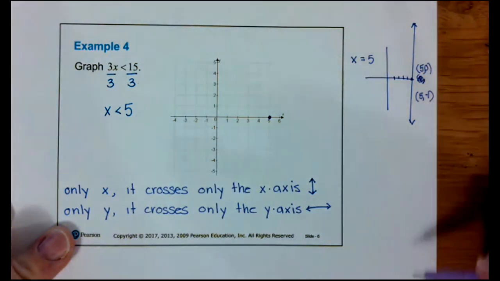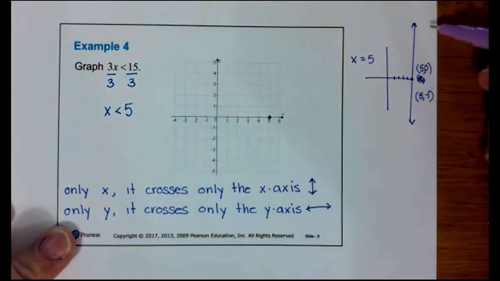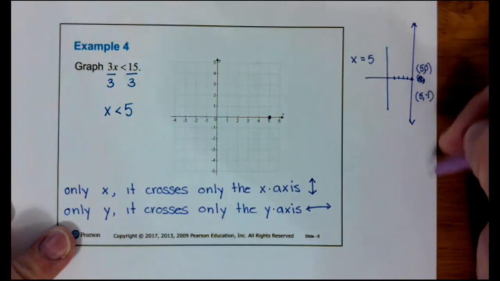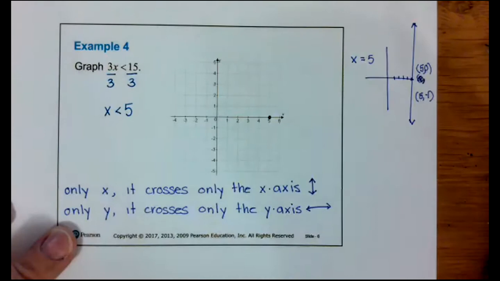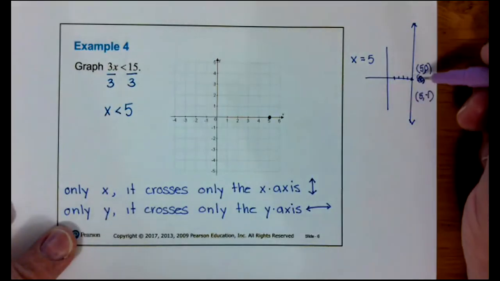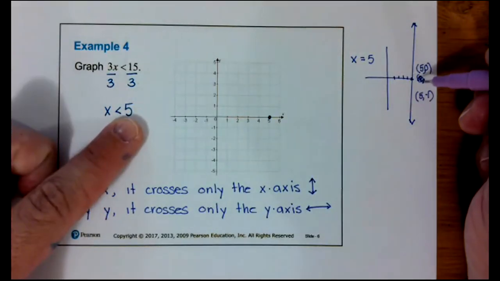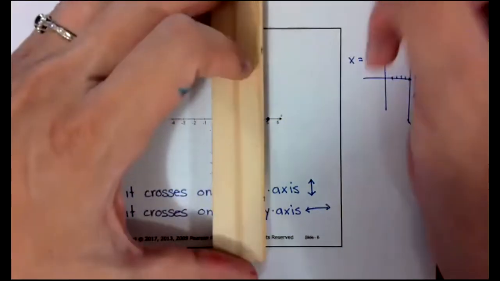It would be every point on x, every x value will equal 5. So now every x value is less than 5. So it's just like this, but it does not include 5. So we have to make it dashed.